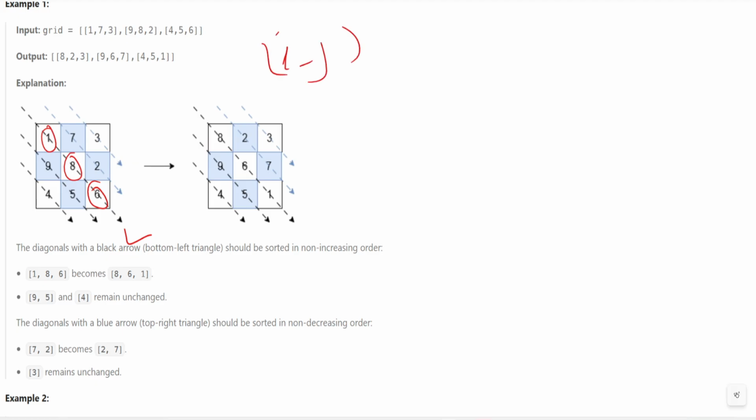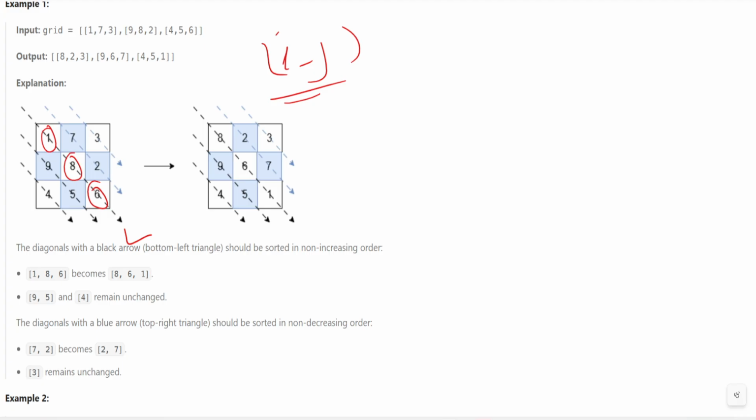Okay, so what is the meaning of this? When we talk about the same diagonal having the same value i minus j, it means instead of thinking in rows and columns, we think about diagonal pockets, we can say.